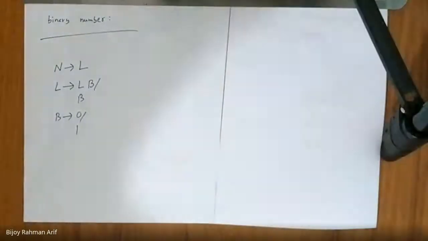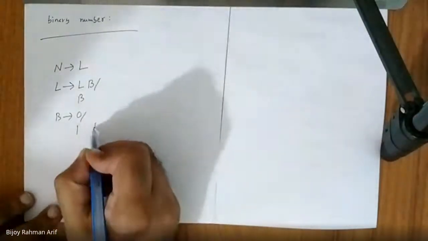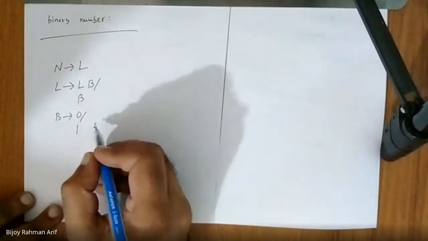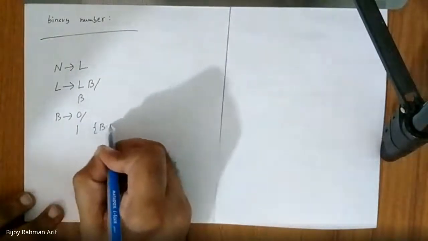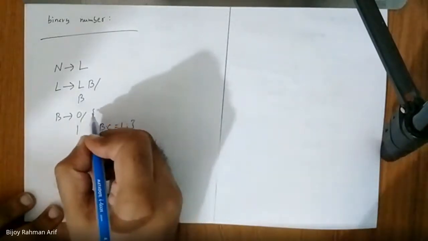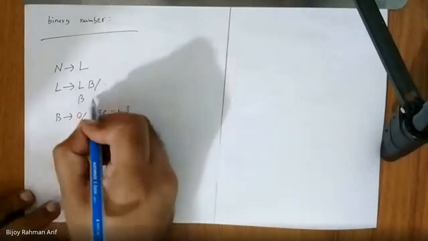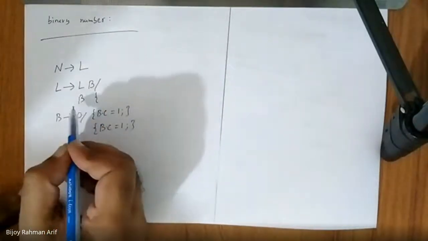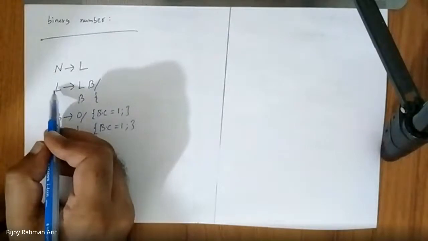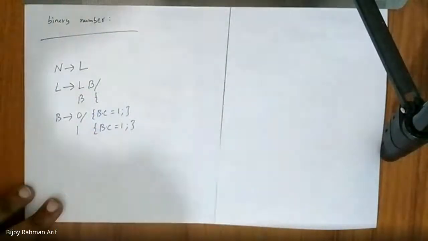So what do we do? When I get 1, that means I get 1 bit, so B.count equals 1 here. If I get a 0, again I get 1 bit, so B.count equals 1. Now B is reduced to L, so whatever the number of bits on the right hand side, that is the count of the left hand side.